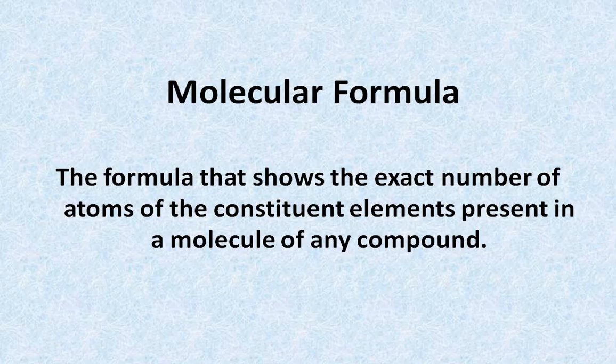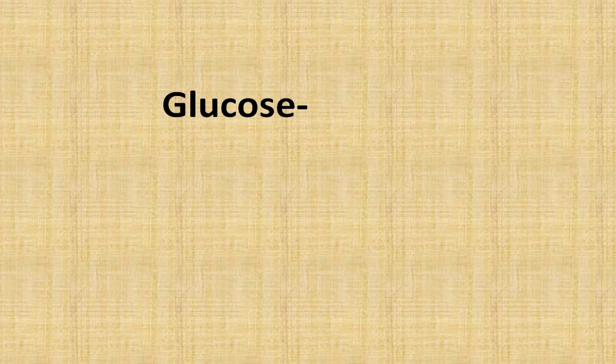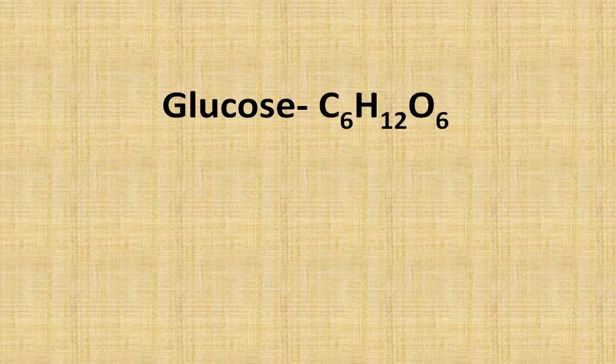For example, suppose glucose. Glucose is made up of carbon, hydrogen and oxygen in the ratio of 6:12:6, that is 1:2:1.